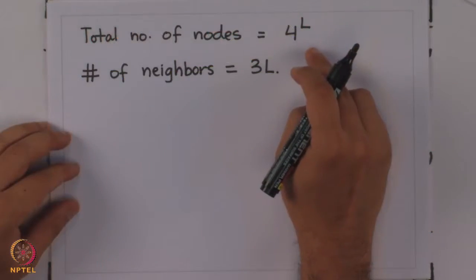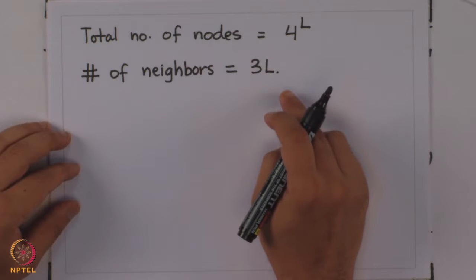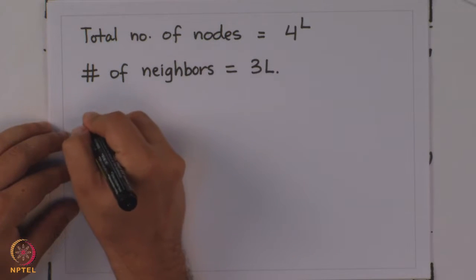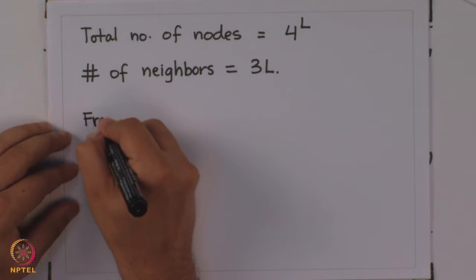So now what I want you to think about is how densely this graph is connected. Given a number of nodes and edges, of the total number of nodes that are available in this graph, what fraction of nodes is every single node connected to? The total number of nodes is 4 to the power L, but every node is connected to 3L other nodes.